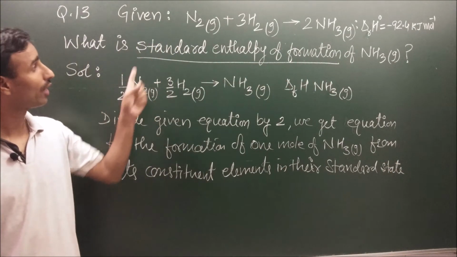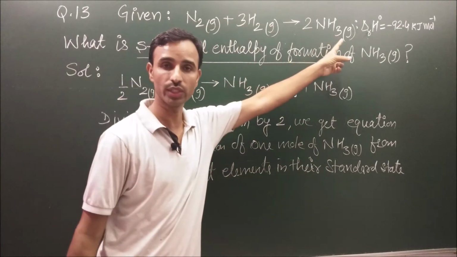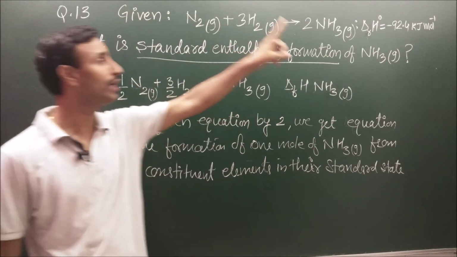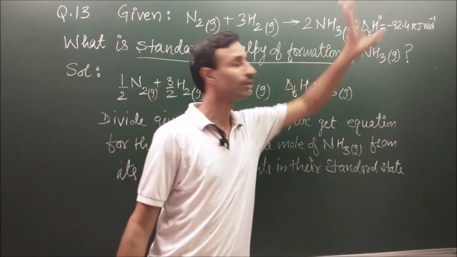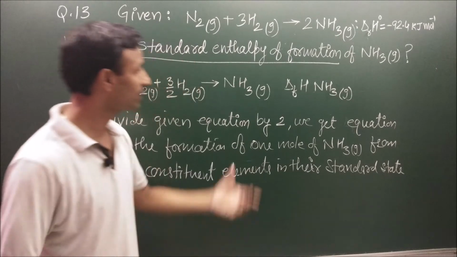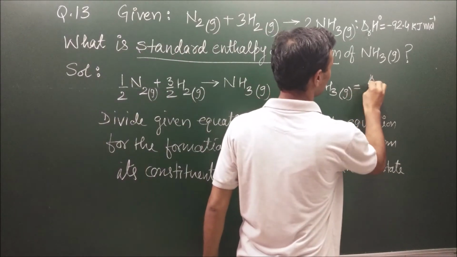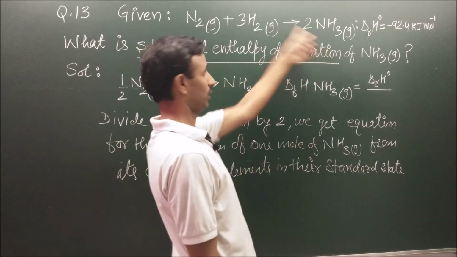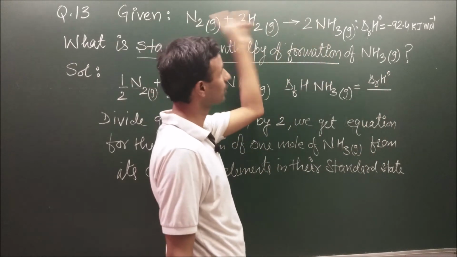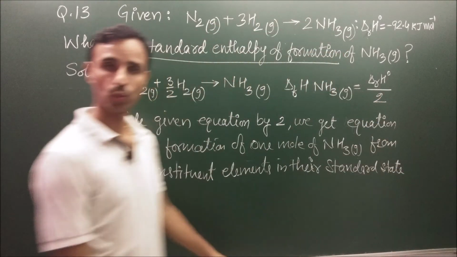So the operation which we perform on the equation, the same operation should be performed on the enthalpy. That means enthalpy of formation of ammonia is equal to the enthalpy of reaction of this equation divided by 2.